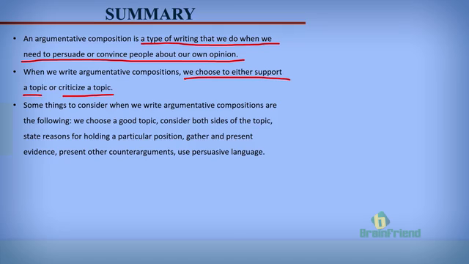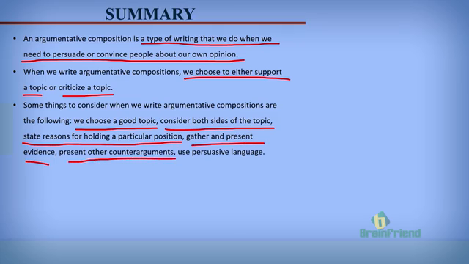And then we learned about some things to consider when we write argumentative compositions, and we said they are the fact that we should choose a good topic, consider both sides of the topic, state reasons for holding a particular position, gather and present evidence to support your topic, present other counter-arguments, and then, of course, use persuasive language.